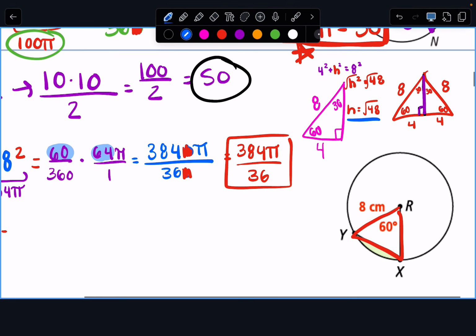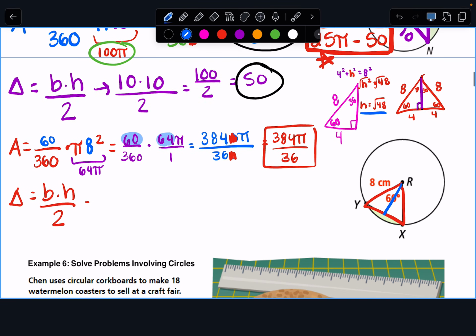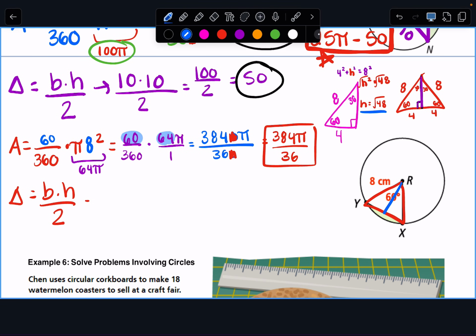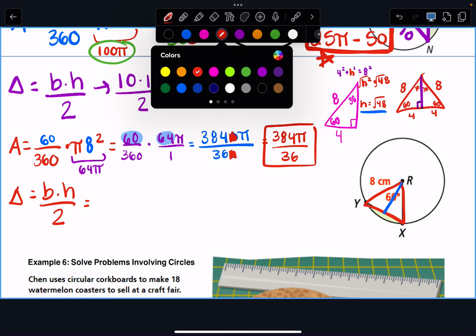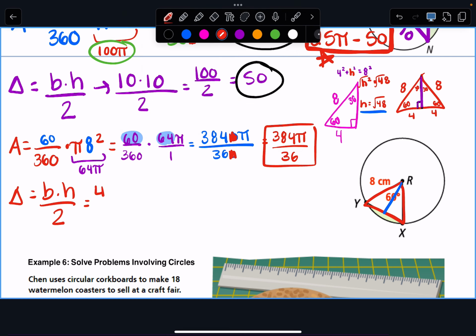Now we're ready to find the area of our triangle. We now have our base. We also have our height, square root of 48, and we can go ahead and punch that right into our formula. All right, so the base where our 90-degree angle meets was 4. Our height we found was the square root of 48, and then we divide all that by 2.